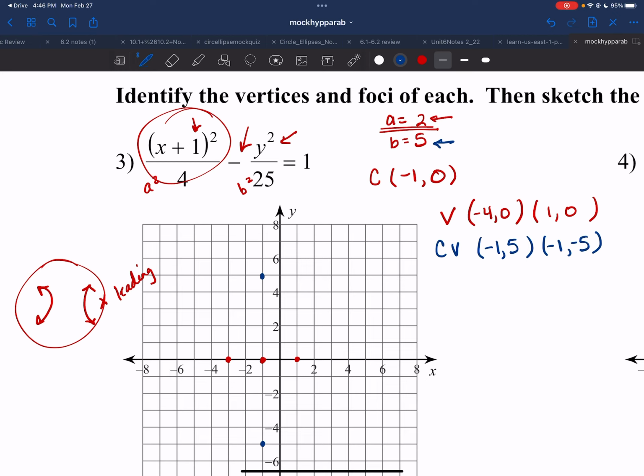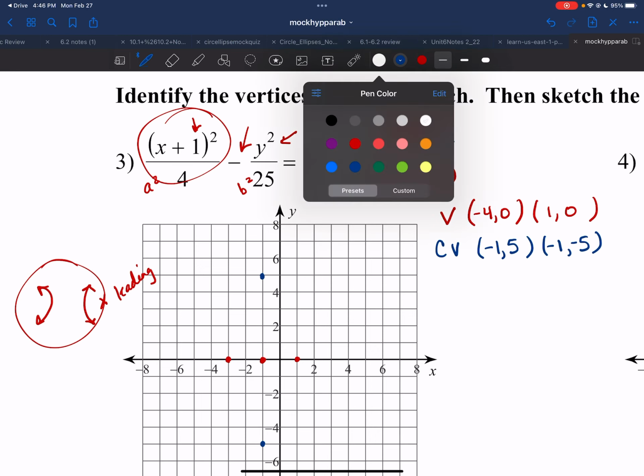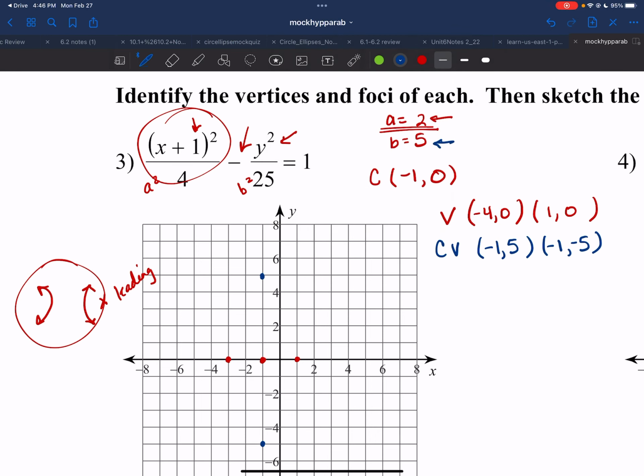Let's see here. So we're going to draw a box. I need this color. I'm just going to draw the box in a light green color, so we can see it, but it's not overwhelming. Okay.